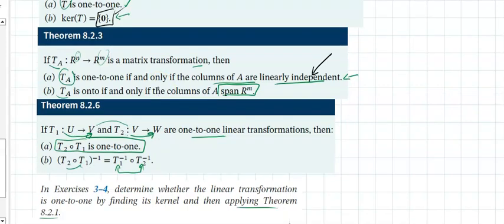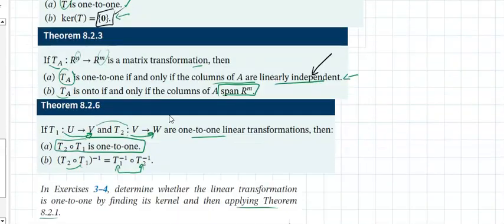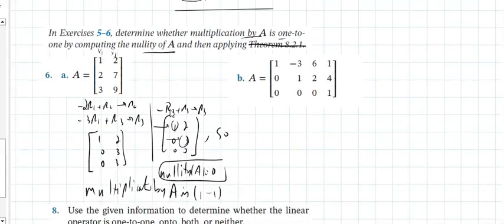Okay, actually, it's more of this. Why did it say 8.2.1? 8.2.3. Transformation of A is one-to-one if and only if the columns of A are linearly independent. That's all. Okay. And how about here? If we take this, we notice this is x1, x2, x3, so again, we're setting Ax equals 0.